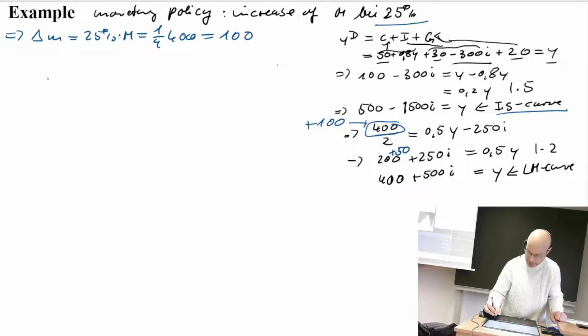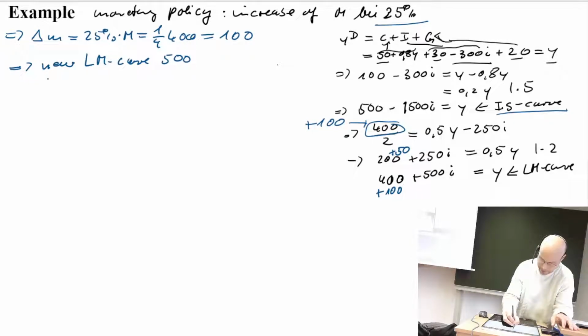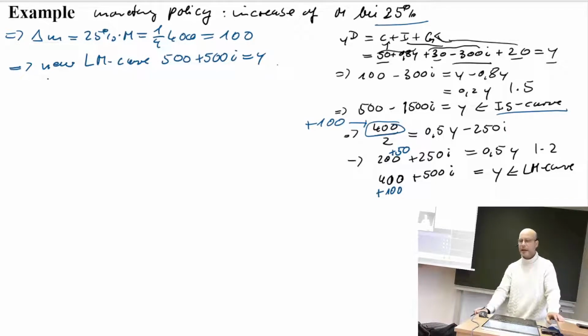So the new LM curve is then just here plus 100, and then we obtain the new LM curve to be 500 plus 500 i equals Y. And what do we have to do then? Yes, we have this parallel shift to the right of the LM curve. And in order to obtain the new equilibrium, what again do we have to do?